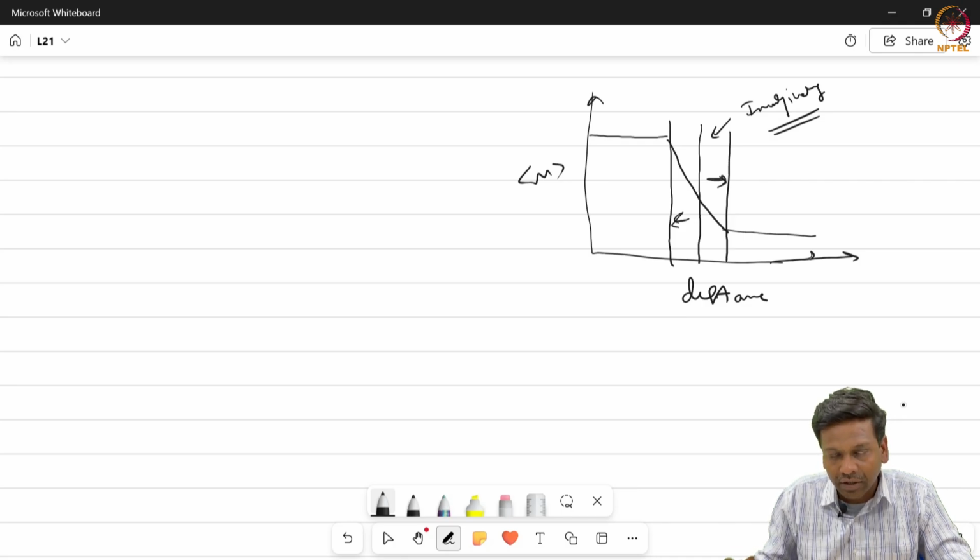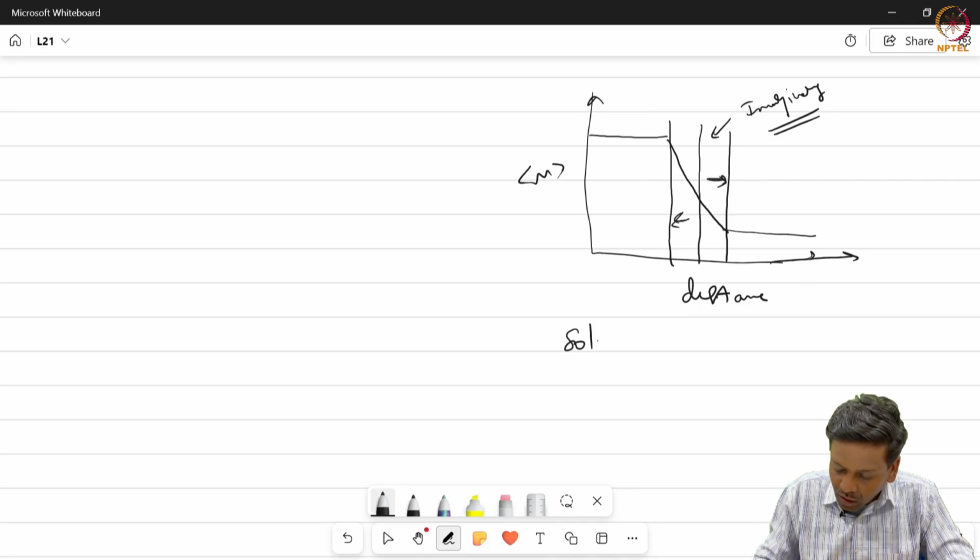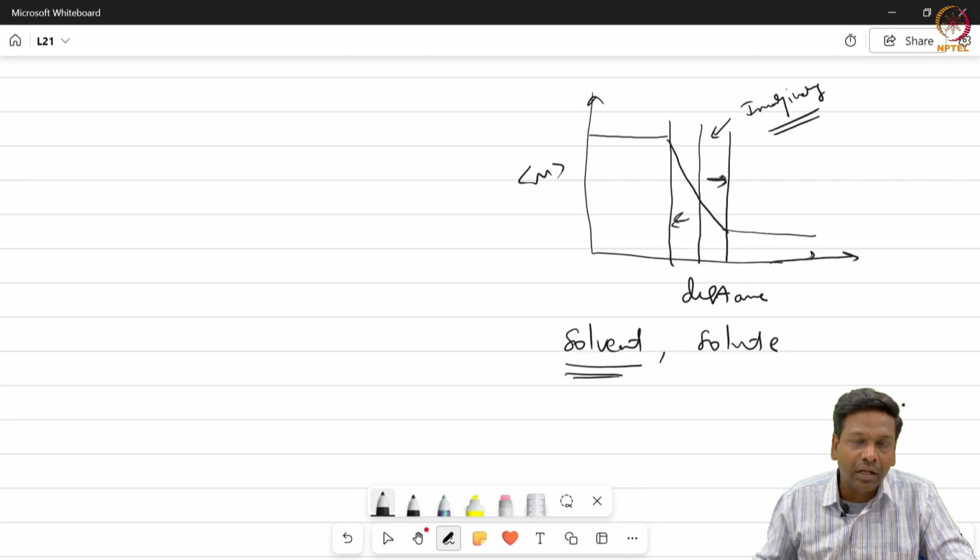Once you identify that, it is easy to say that the surface excess for one of the components is 0. For example, if you deal with a binary mixture, you have solvent and solute. There are two components in the mixture. Because solvent is usually present in very large quantities, one would always end up with a symmetrical profile.